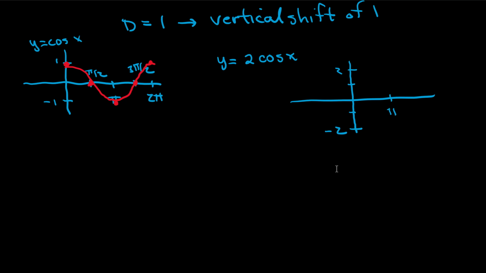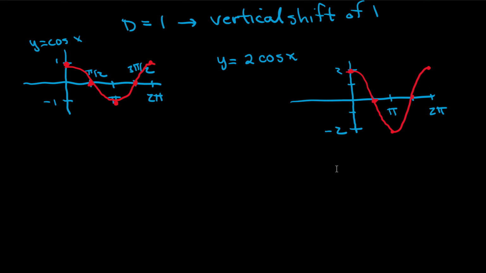We're still going to have our pi, our 2 pi, and then we're going to have our pi over 2 and our 3 pi over 2. And what's going to happen now is it's going up to a +2, 0, -2, 0, back up to 2. What that coefficient of 2 out front does is it actually makes the graph taller. So there's what you wind up with when that particular characteristic is implemented.